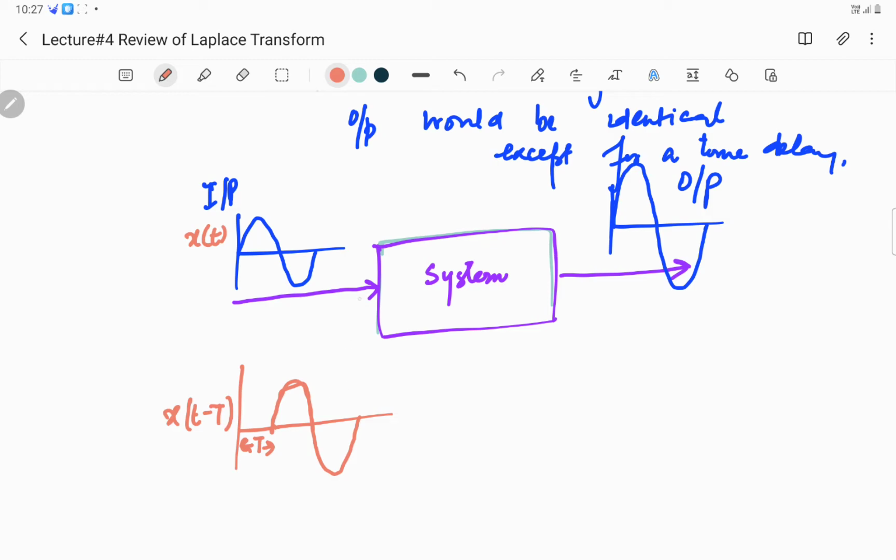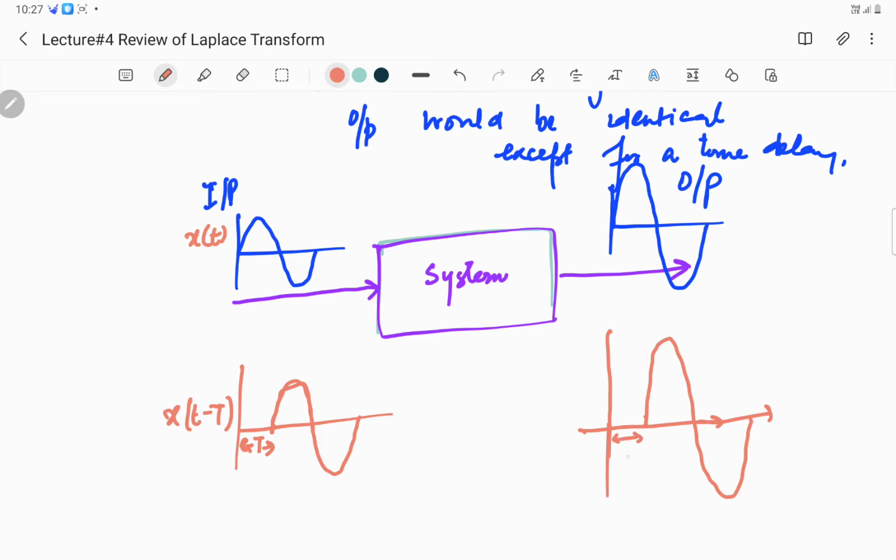If we apply this to the same system, the output in this case would be an amplified but delayed version. So this is what the output would be.